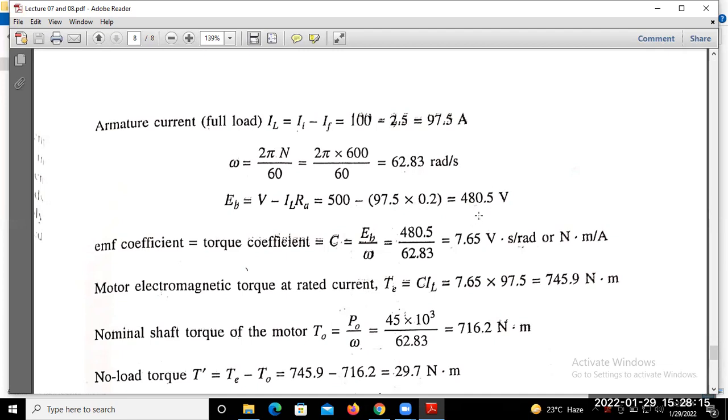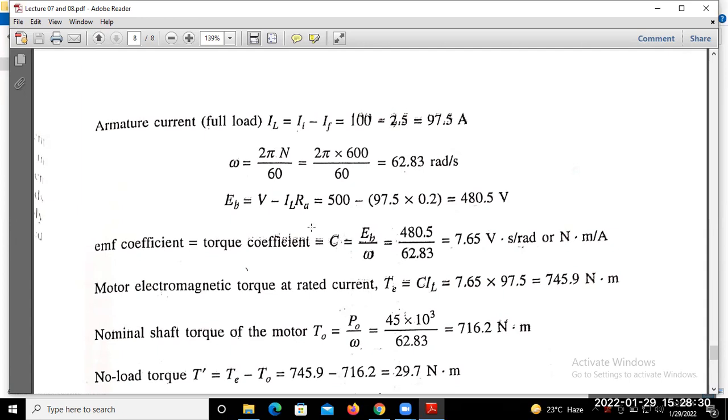Now the EMF coefficient or torque coefficient. As we know, back EMF Eb is directly proportional to some constant into speed, K phi omega.